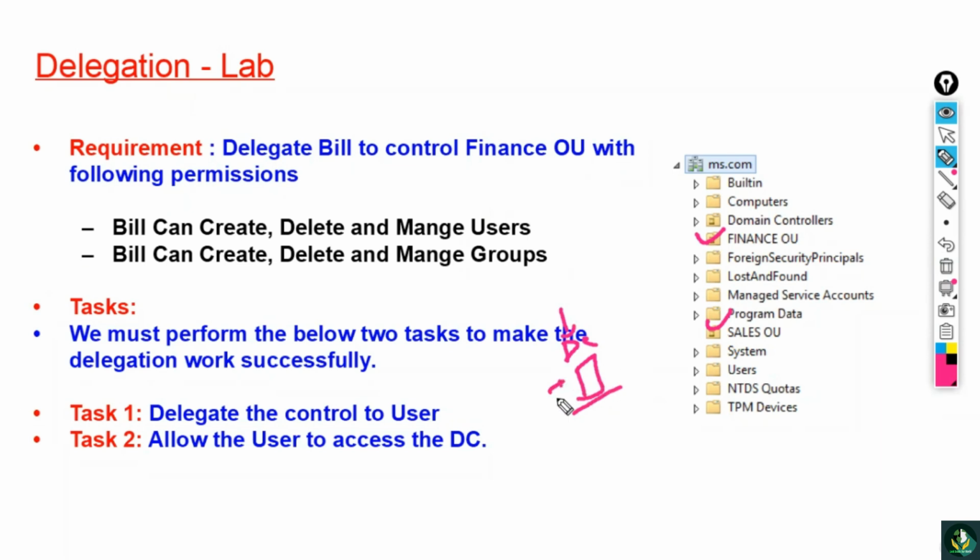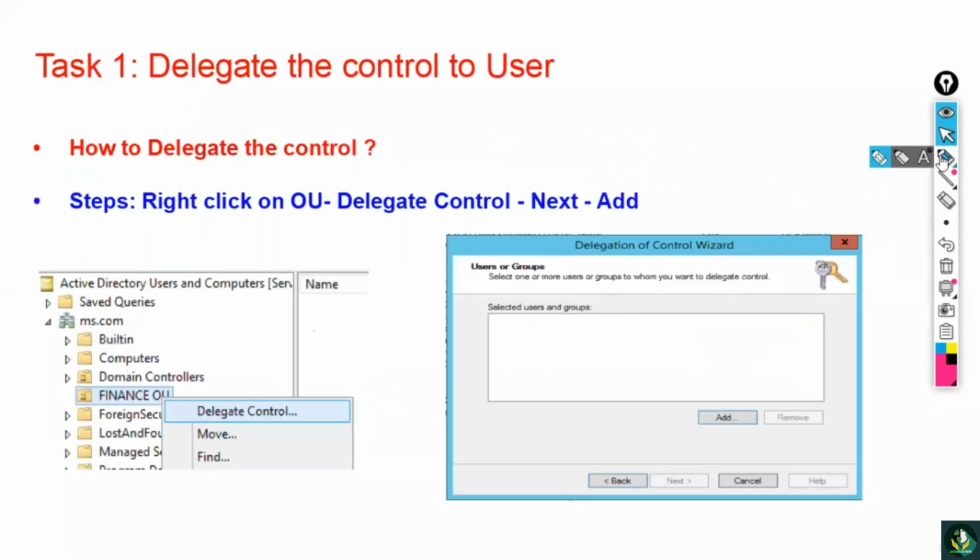So we need to provide the permission to these users to access the domain controller. If you are delegating only the control and user is unable to log on to domain controller, there is no use of delegation here. So user should access the domain controller as well. So task one will delegate the control to the users.